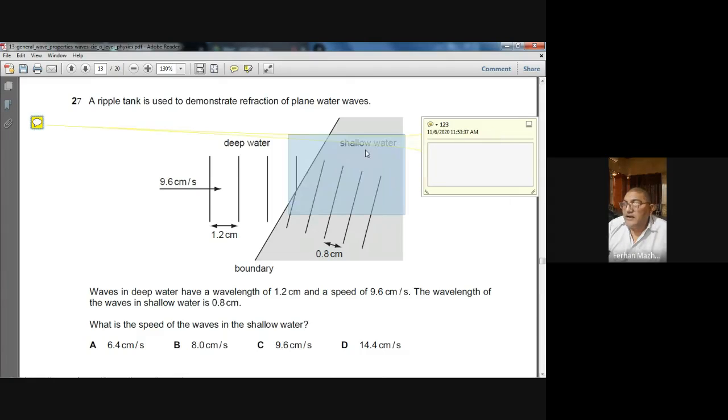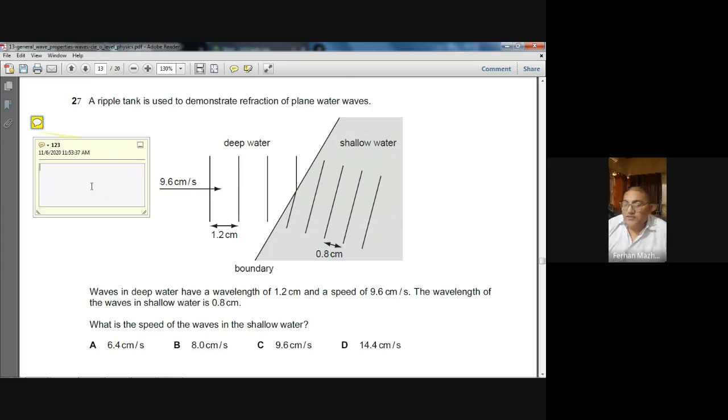First of all, I'm going to do the calculation in the deep water. The velocity is given, the wavelength is given, so I can find the frequency, and you know the frequency is equal to speed divided by the wavelength.